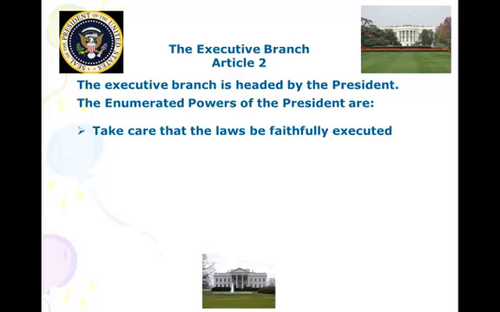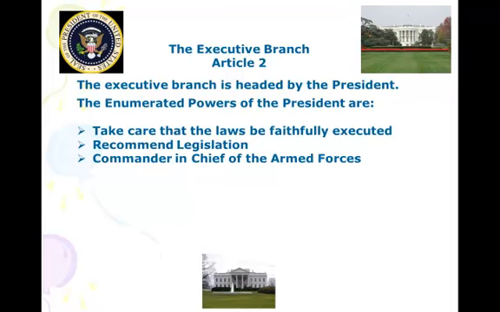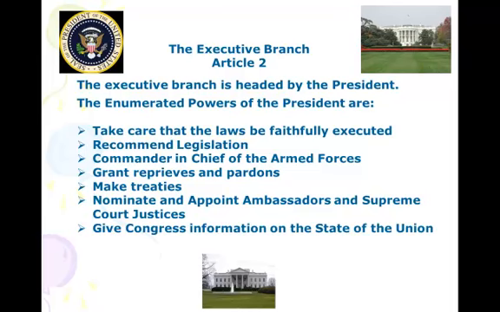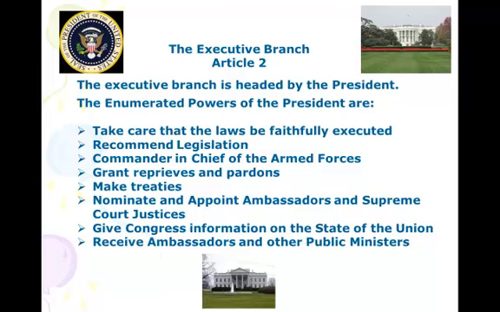He takes care that the laws be faithfully executed, in other words, enforces the laws, recommends legislation to Congress, is Commander-in-Chief of all the armed forces, grants reprieves and pardons to federal criminals, makes treaties with other countries, nominates and appoints ambassadors and Supreme Court justices, gives Congress information on the state of the Union or tells how our country's doing, and receives ambassadors and other public ministers.